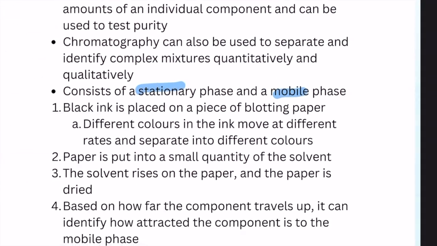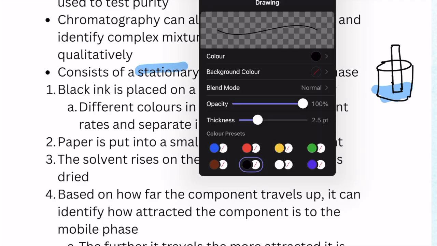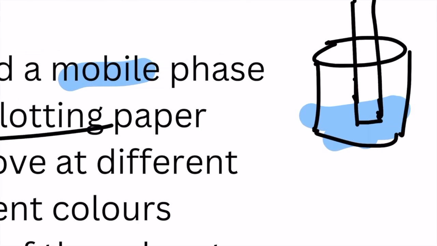Let's see an example to better understand it. Here we have a beaker of water, and then we have a blotting paper, which we also call a chromatography paper.